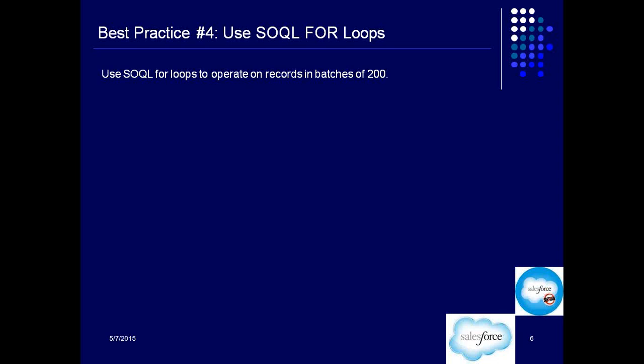But SOQL for loops operate on records in batches of 200, so it keeps on operating in batches of 200, and it can take care of any set of records. So dealing with a big set of records, you should write SOQL for loops.